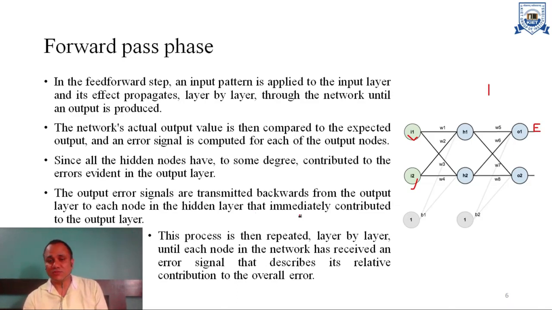This process has to be repeated till all the nodes get traversed and all the weights get adjusted, till we nullify the error, the gap between our expected and the actual output. So this is the working of the forward pass phase.